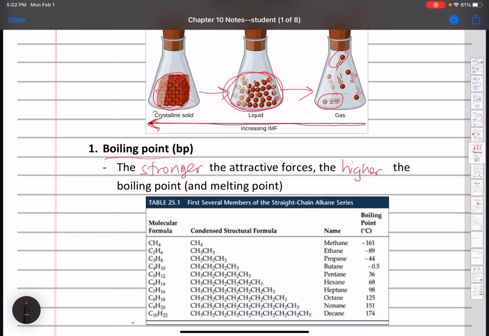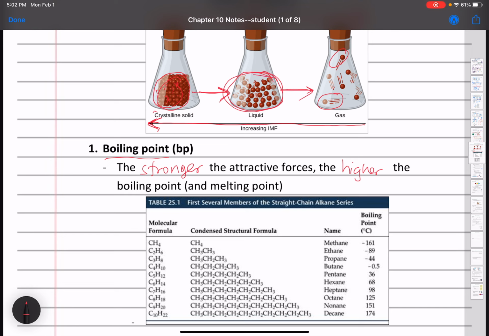The higher the intermolecular forces, the higher the boiling point and melting point will be. Because if you think about it, in order to go from a solid to a liquid or a liquid to a gas, you have to provide enough energy to disrupt those attractive forces.